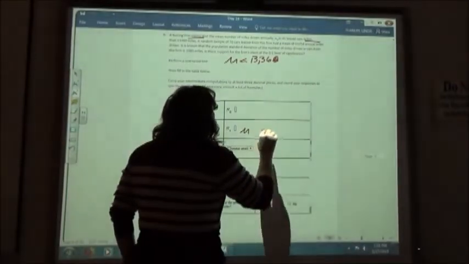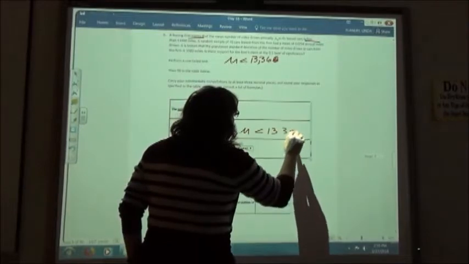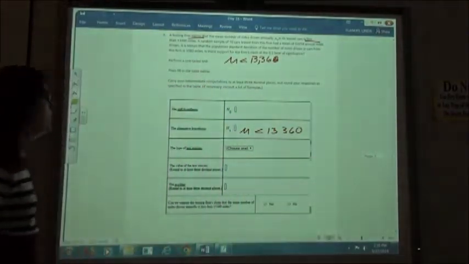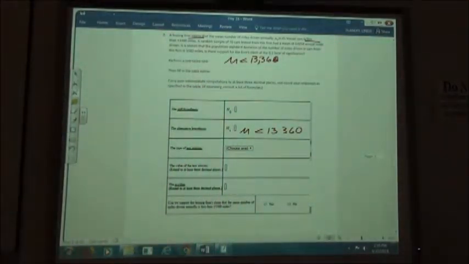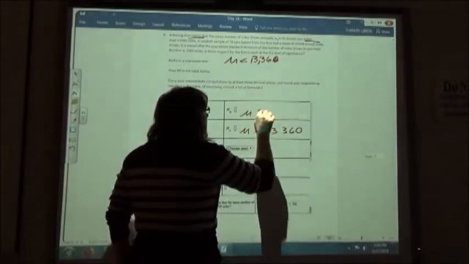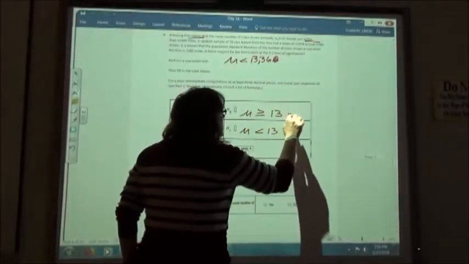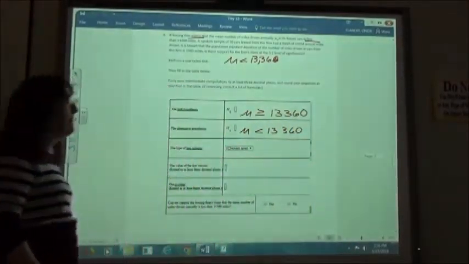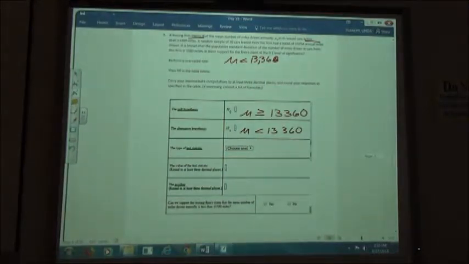So the mean is less than 13,360, which means my null would be that the mean is greater than or equal to 13,360. The null always has the equal to symbol in it.